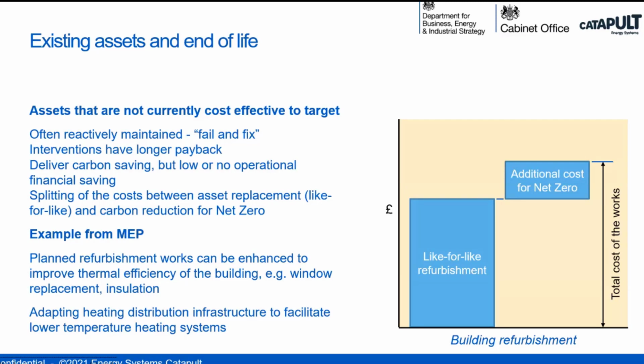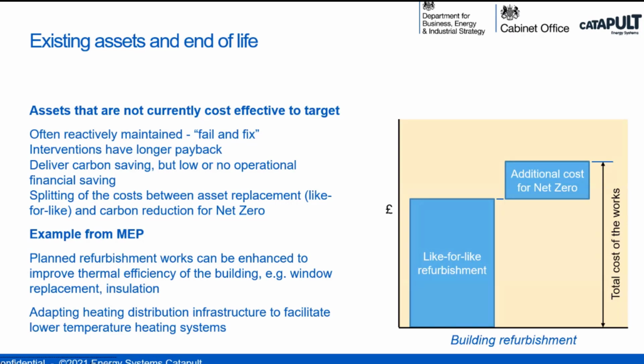But that's an ideal opportunity to do window replacement, insulation, perhaps to change the heat emitters, the radiators in the building, in order to be able to use a lower temperature circulation system, for example, because those can all be done at the same time while the building is being dealt with.